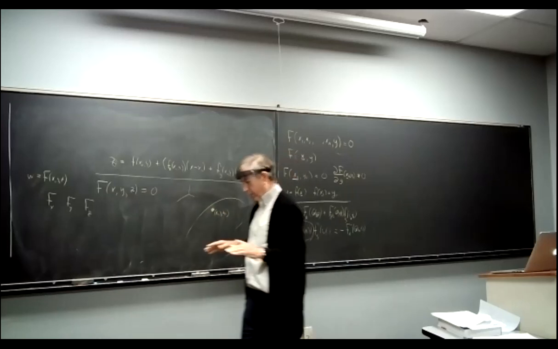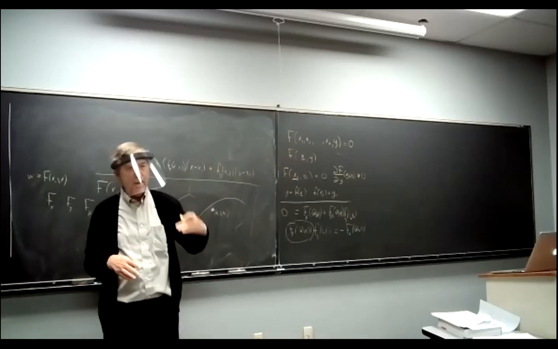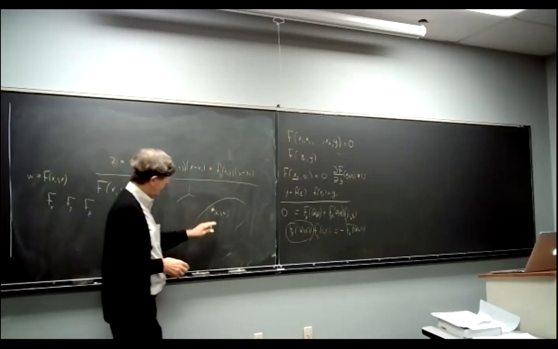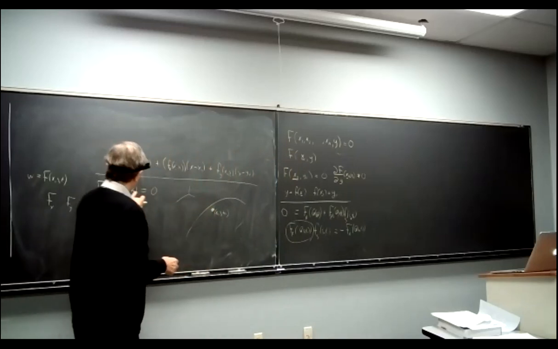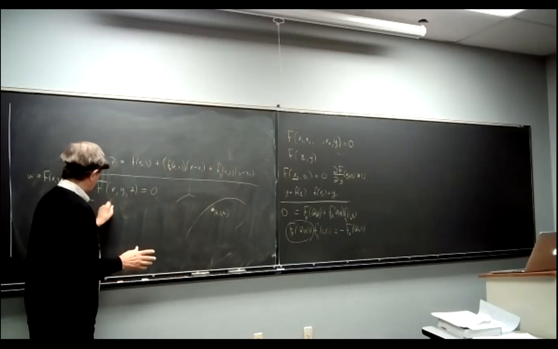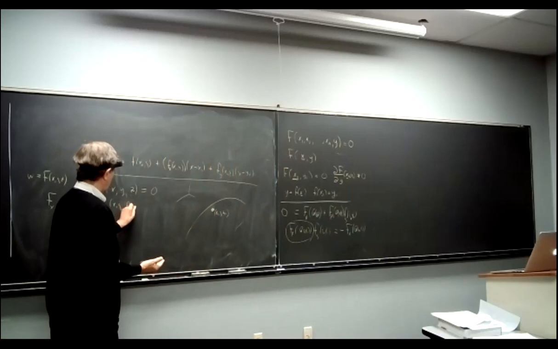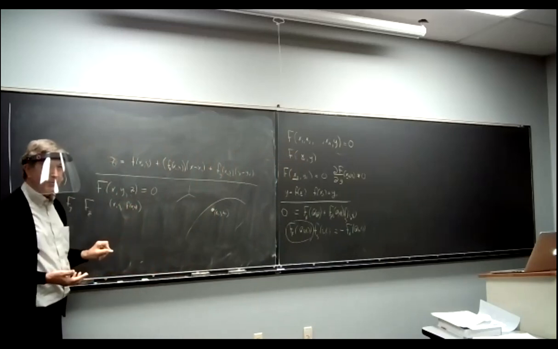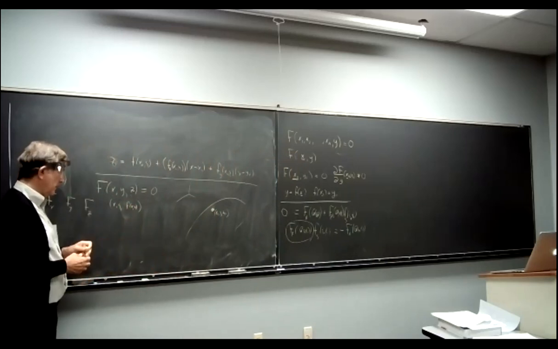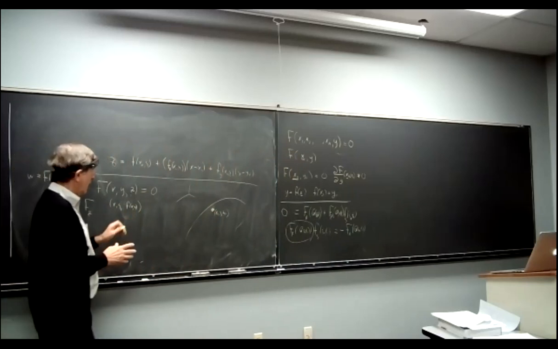If I want to think of this surface as a function of x and y, that would be when, instead of x, y, z, I write f of x, y like we were trying to do earlier.